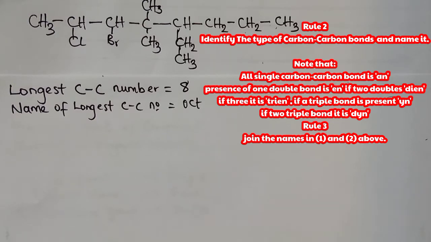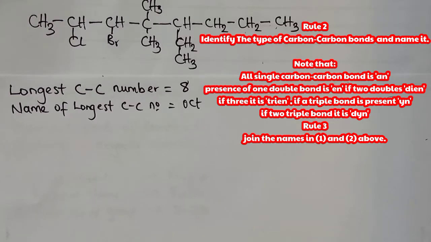If there is one double bond present in that compound, we are going to use the word ene, although pronounced as in. If there are two double bonds present, it is diene. If three double bonds are present, it is triene. If it is a triple bond, it is yne. And if it is two triple bonds, we say it is diyne.